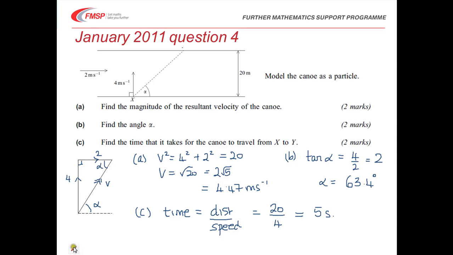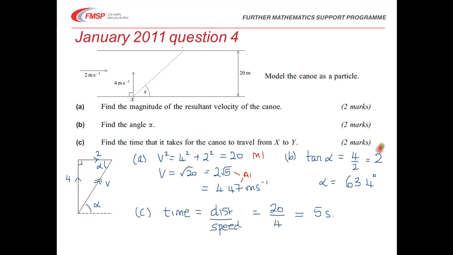So there were 6 marks for that question in total, 2 marks for each part. So in each of those parts there was a method mark and an accuracy mark. So a method mark for Pythagoras' theorem, and the accuracy mark here didn't matter which form you gave your answer in.